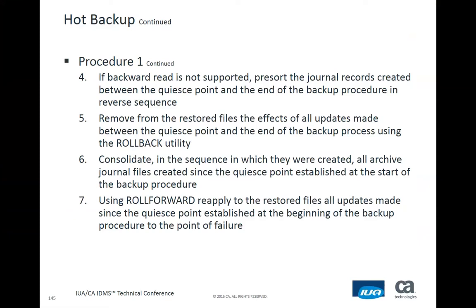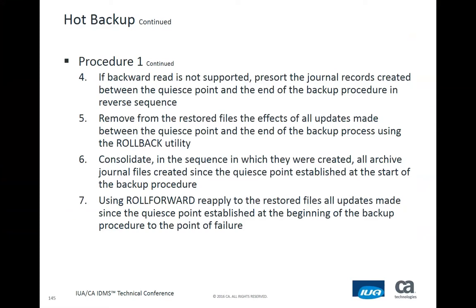So again, if the problem was that we had this bad data a couple hours later, I now concatenate or consolidate all of my journal files from the Quiesce point of the hot backup through the Quiesce point to which I want to do a roll forward, to get to the actual point before the failure.